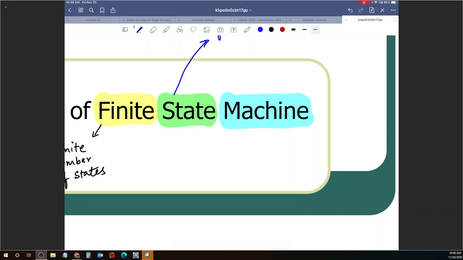Well, a machine is used here to indicate that our FSM will go from one state to the other state, and this could depend on some inputs, or it could also depend on the sequence of past inputs.